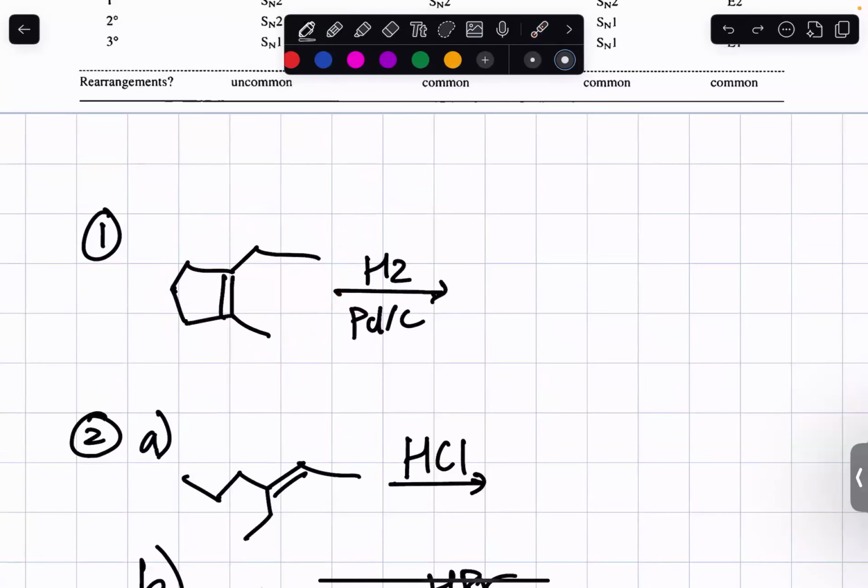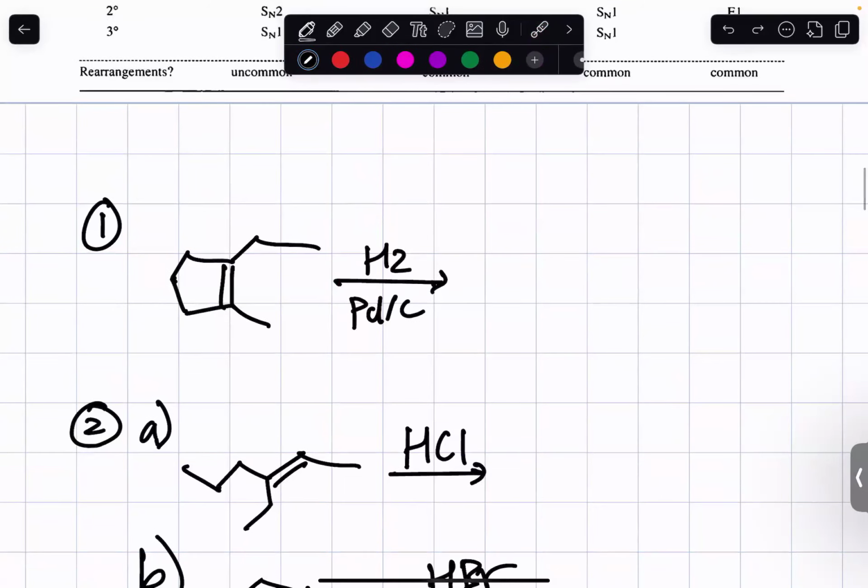I got 2 products which are racemic. Yes, that's correct. So basically one had hydrogens on 2 wedges, and the other one had hydrogens on 2 dashes.